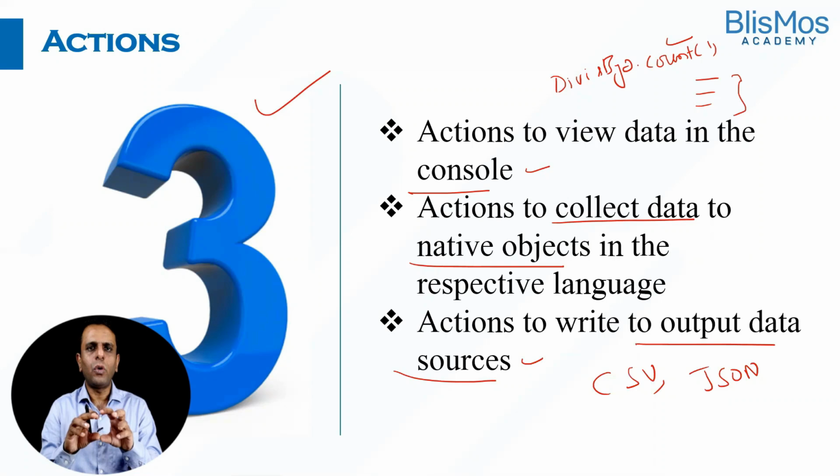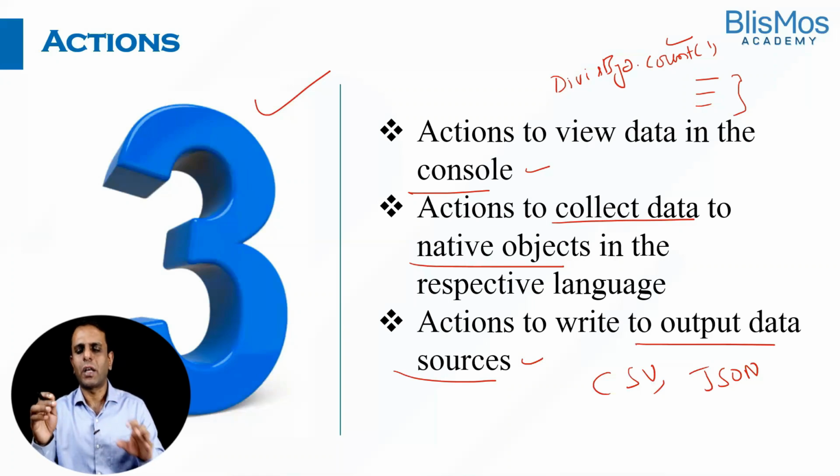If I want to know how many things are there in the resultant data frame and I want to write it back to some output so that I can use it further, that is where we use this action, to write it to the output data sources.